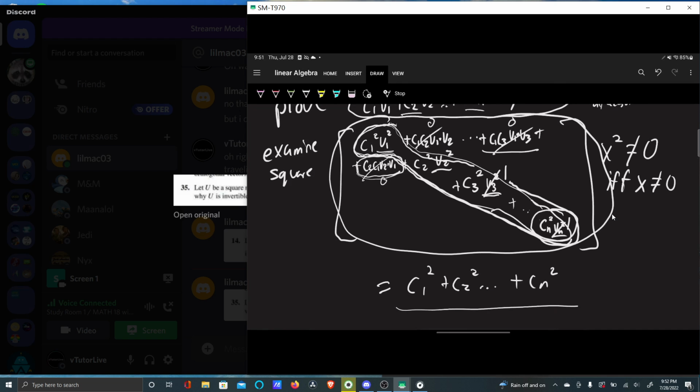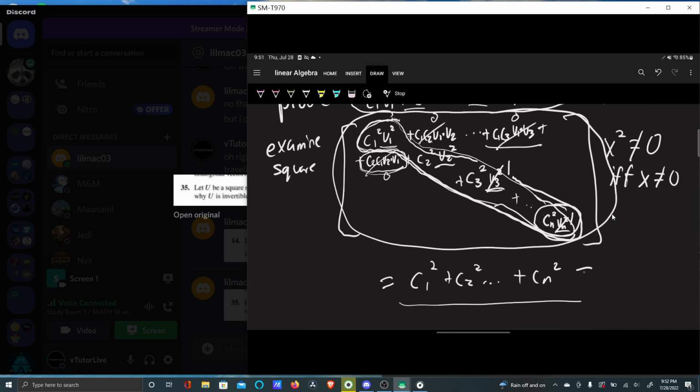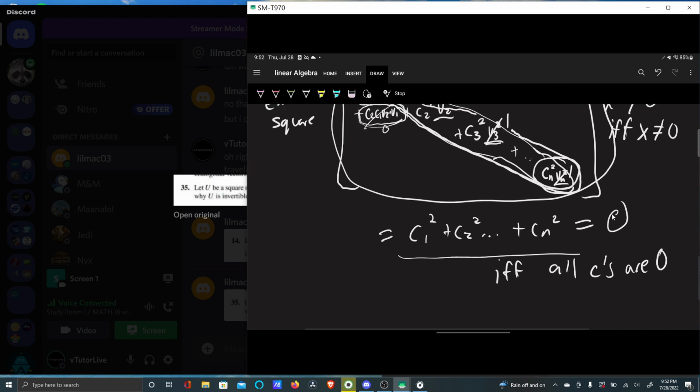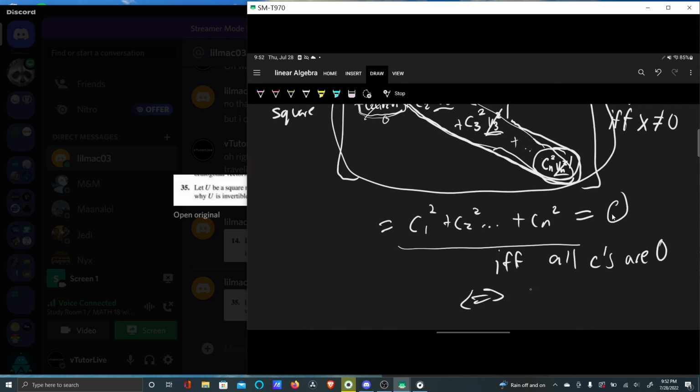Sorry, this is a bit of a sloppy explanation on my part, but this is equal to 0 if and only if all the C's are 0, which is basically saying that there does not exist a non-trivial solution.